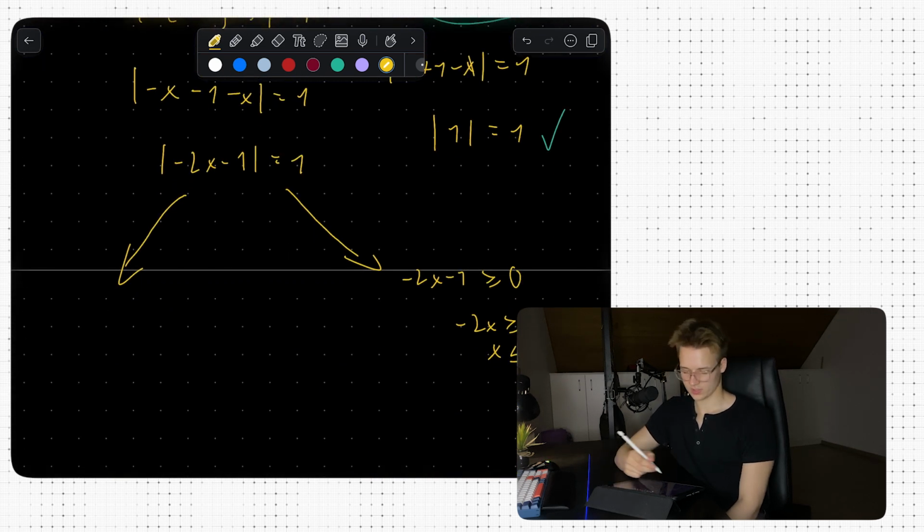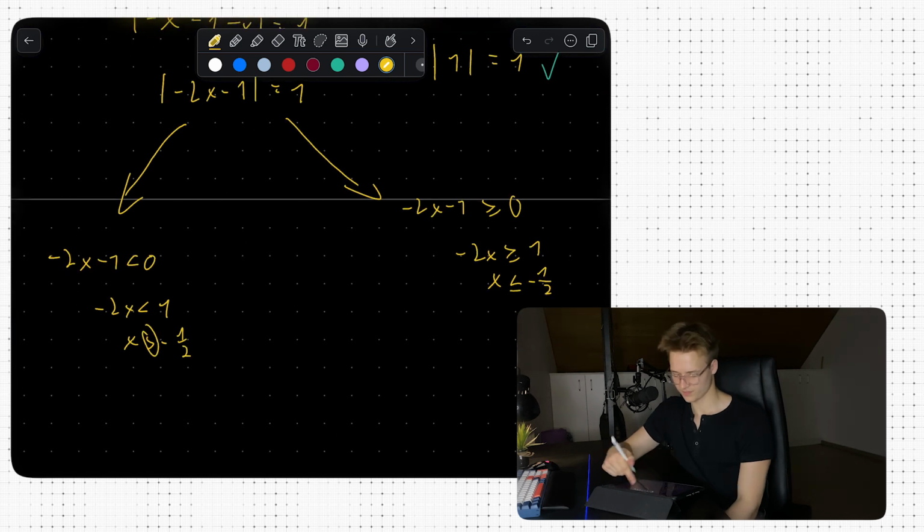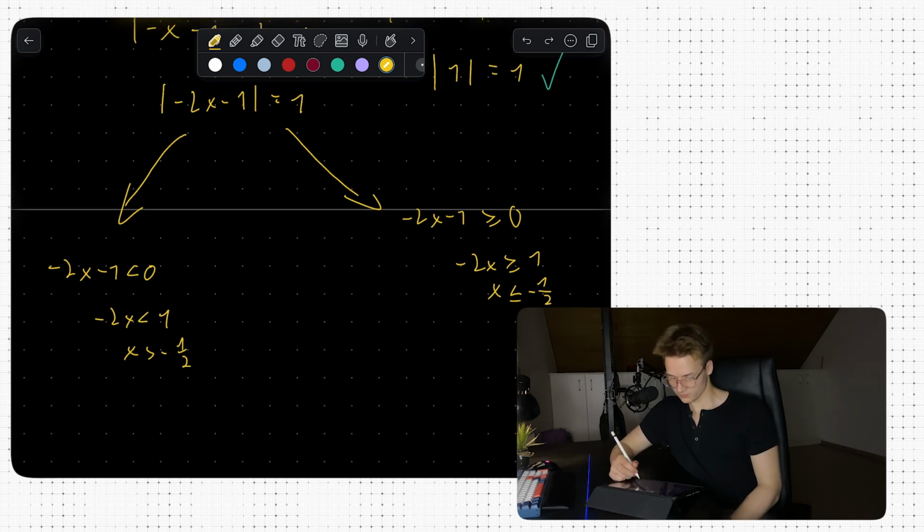And then on the other one, minus 2x minus 1 is less than 0, minus 2x is less than 1, x is greater than minus 1/2. You just switch the inequality sign. Okay, let's look at this one.